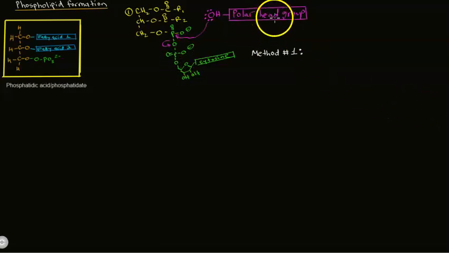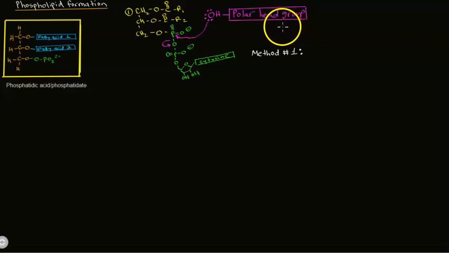We have a polar head group that we want to add to this structure, and the polar head group has an OH. The oxygen is a nucleophile, and the phosphate on the CDP structure will be nucleophilically attacked by the oxygen of the polar head group alcohol.